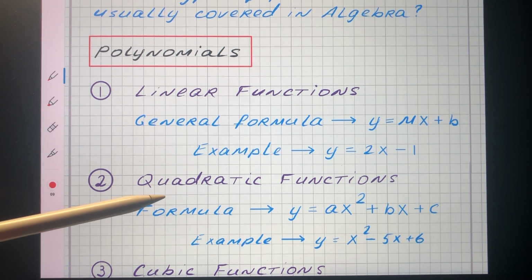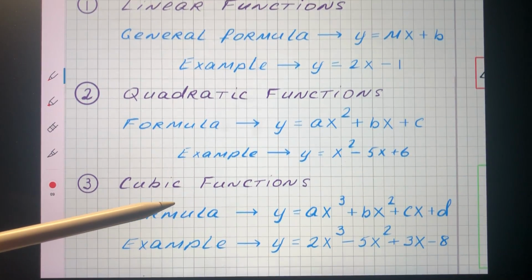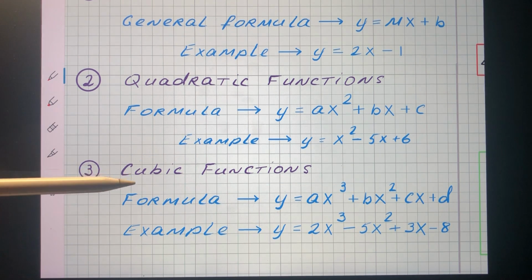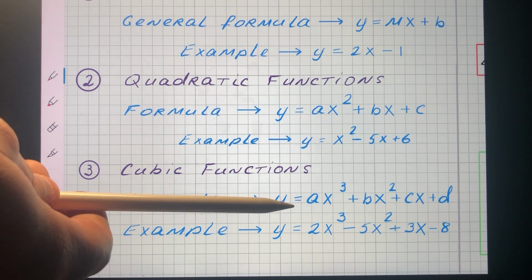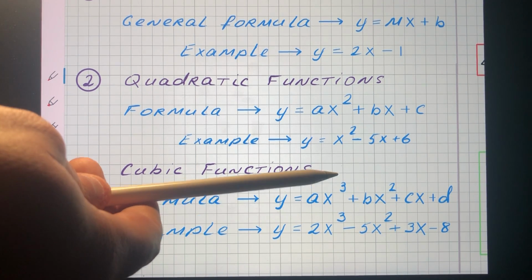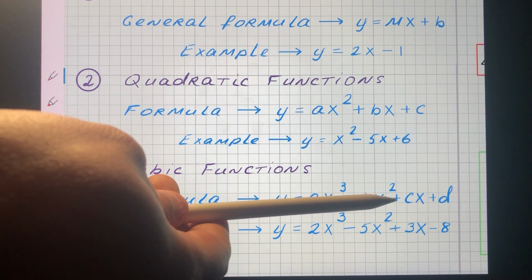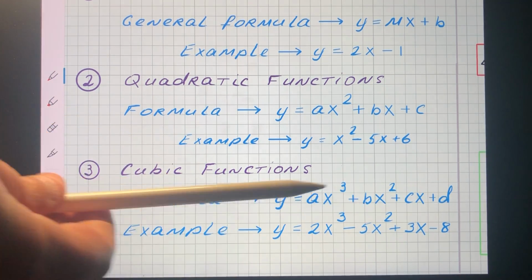After the quadratic functions, we'll look at cubic functions. The cubic functions have the highest power of the unknown equal to 3. Cube means 3. So the general formula for the cubic is y equals some number times x to the power 3 plus some number times x to the power 2 plus some number times x and the constant number without the x.